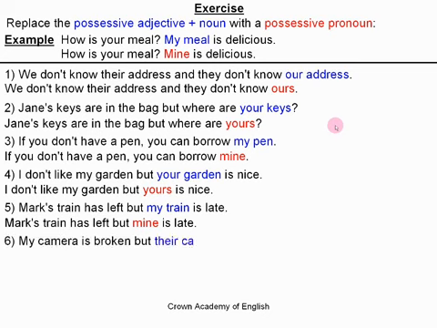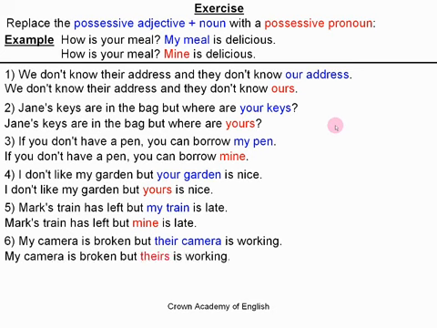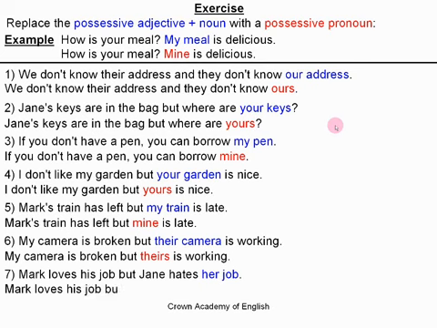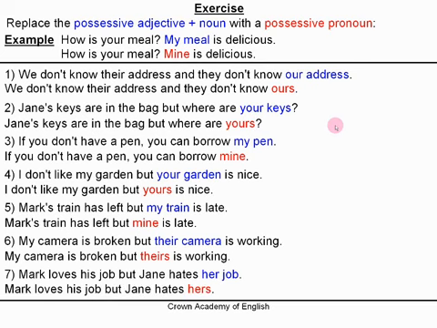Question 6. The answer is, my camera is broken, but theirs is working. And the last question. The answer is, Mark loves his job, but Jane hates hers.